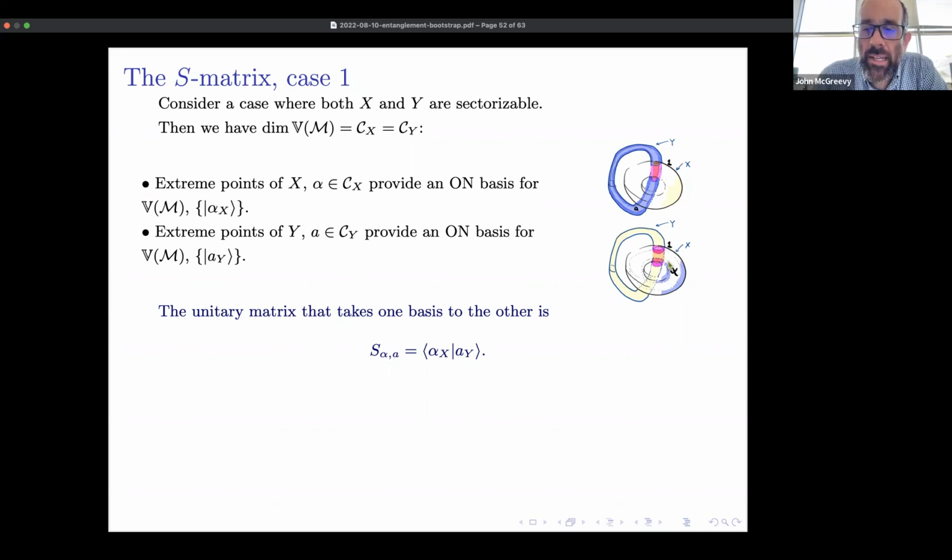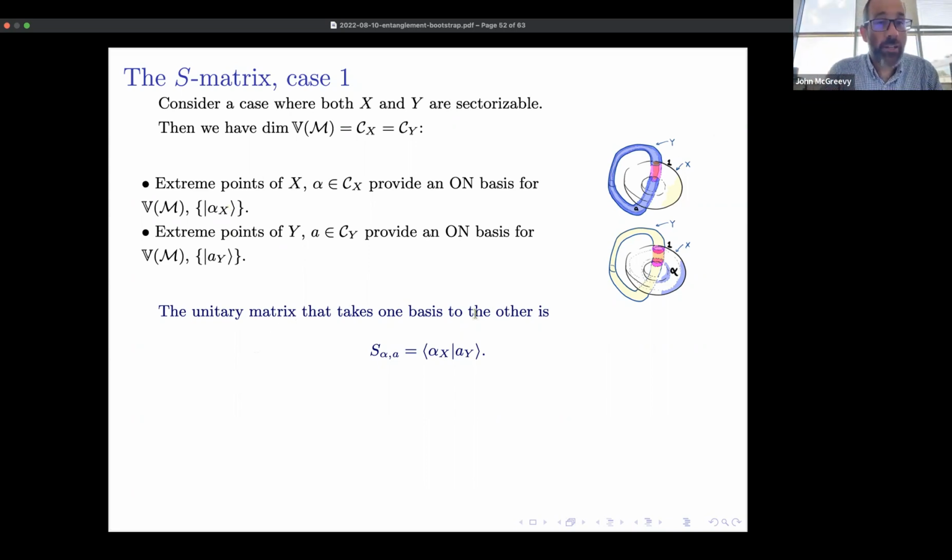So suppose I specify the state in the interior of X to be alpha, that's an extreme point of X, then I can make a pure state of all of M by merging it with its complement and then filling in the hole to make a state in the Hilbert space on M. And similarly, if I specify an extreme point of Y, I can merge it with its complement to make a different orthonormal basis of the same Hilbert space. And so the S matrix is just the unitary matrix that takes one basis to the other.